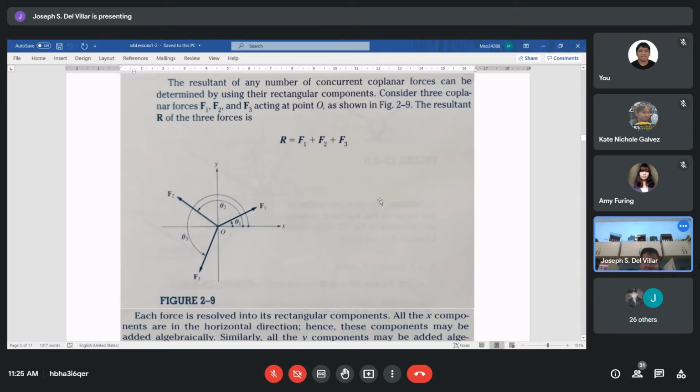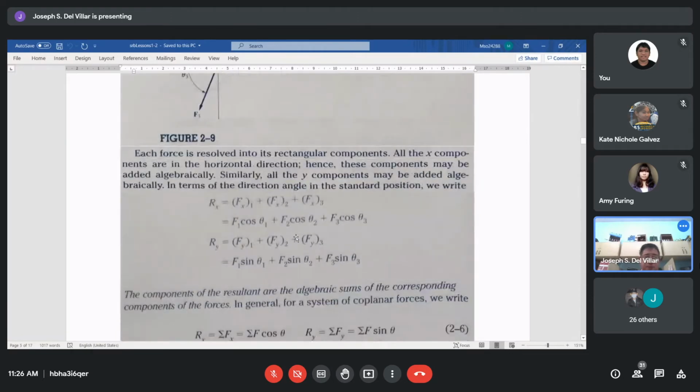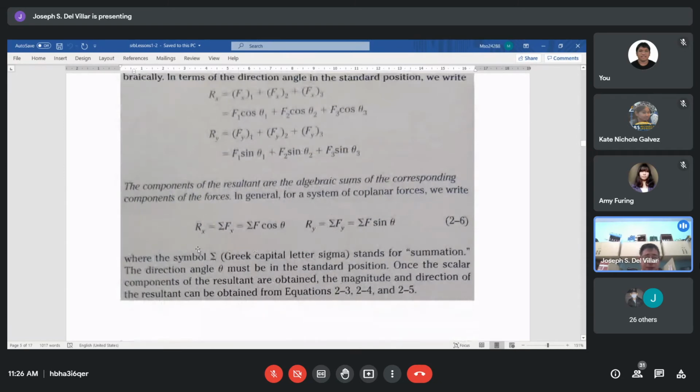So the resultant is the vector sum. So kung pinapakuha yung resultant nitong tatlong force, you need to add them vectorially. So you have to add F1 plus F2 plus F3. As I've said, it is not a simple addition. Addition of vectors yan. Rx is the x component of the resultant. Ry is the y component.